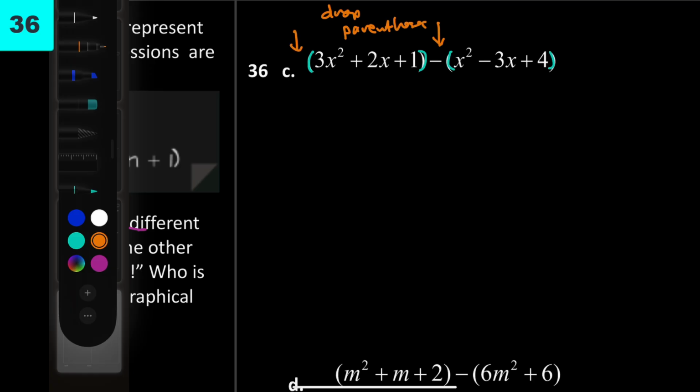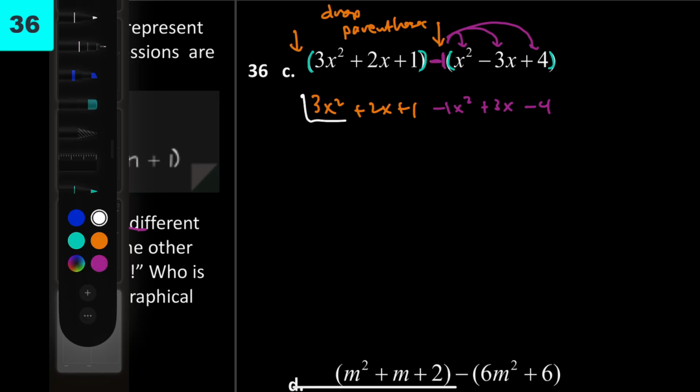There is no plus or minus here, so it's just 3x squared plus 2x plus 1. But on this side, you cannot drop the parentheses because you have this minus sign. So you can do the inverse or distribute the negative 1. So this would be a negative 1x squared. Negative 1 times negative 3x is a positive 3x. And negative 1 times 4 is a negative 4.